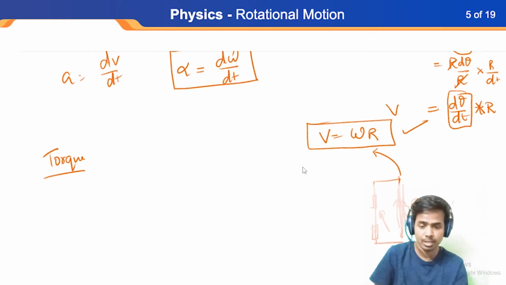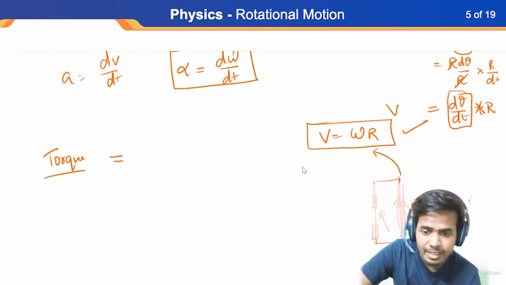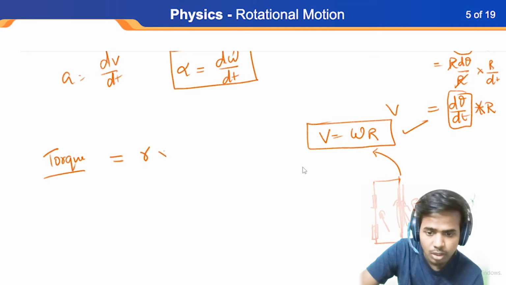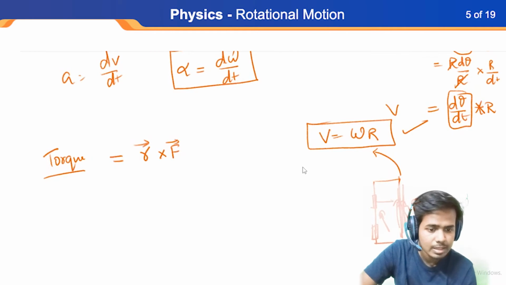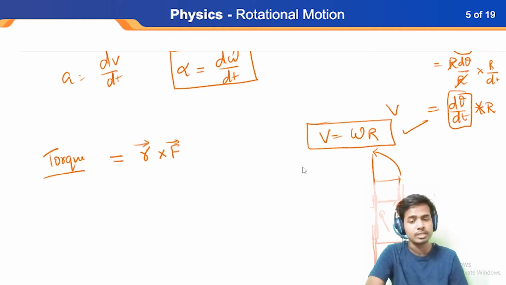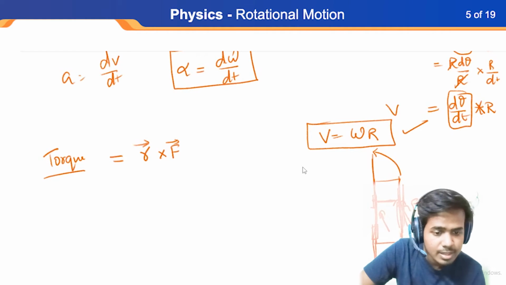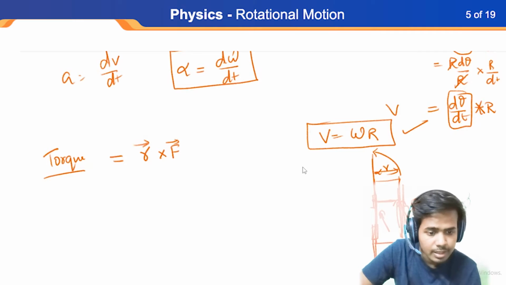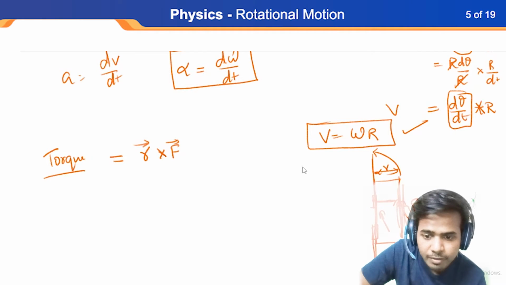Torque is defined as r cross F, where r is the distance from the hinge or the axis of rotation. This is the axis of rotation, right? The axis around which the whole body is going to rotate. So this is the distance r, and this is the force. And why have I applied cross here?